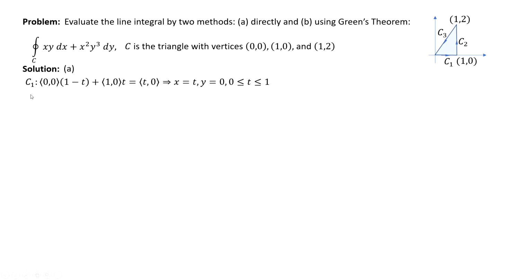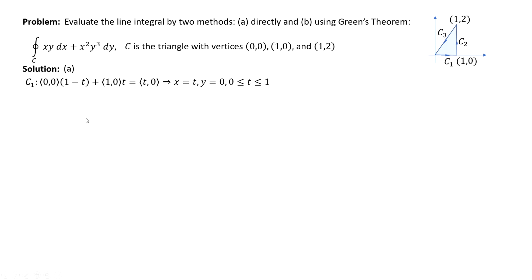Okay. All right. To me, whenever I have a line segment, this is my go-to way of figuring out. What is that? The initial point is 0, 0, and the terminal point is 1, 0. Right? I take my initial point as a position vector and multiply that by 1 minus t plus the terminal point times t.